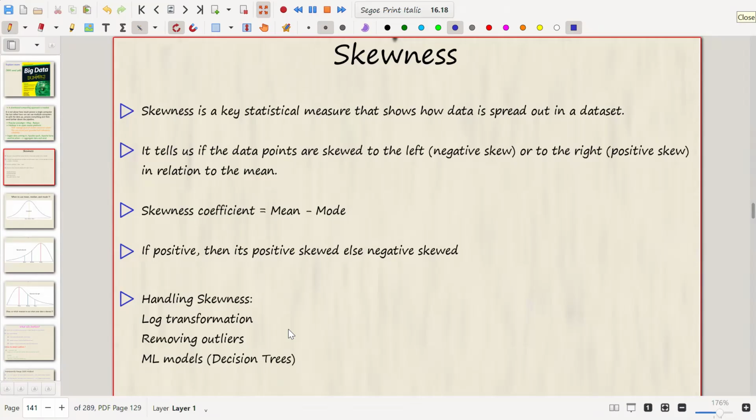Skewness is a statistical measure that shows how data is spread out in a data set. How can you measure that? What do you mean by spreading of data? How can you say spreading?